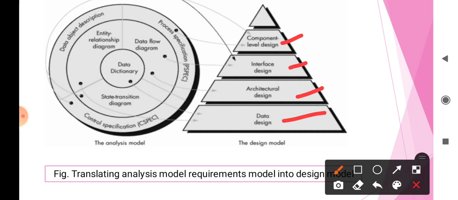Then architectural design is connected to the control specification and the entity relationship diagram, that means ERD diagrams. And fourth is data design, which is connected to the state transition diagram and data dictionary.